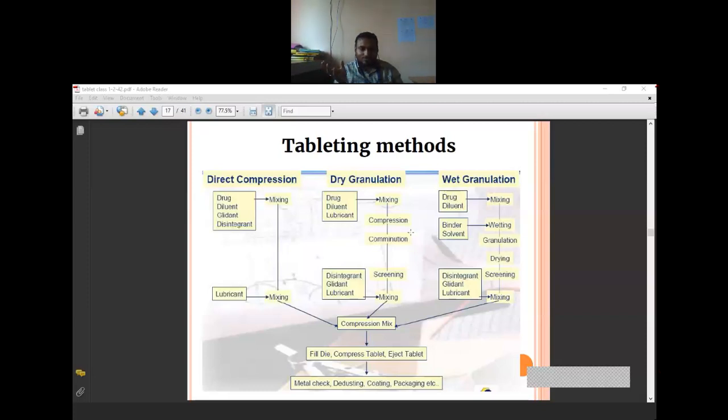Adding of lubricants into the granules, what is the process? Do you know the process? Sir, pasteurization maybe?